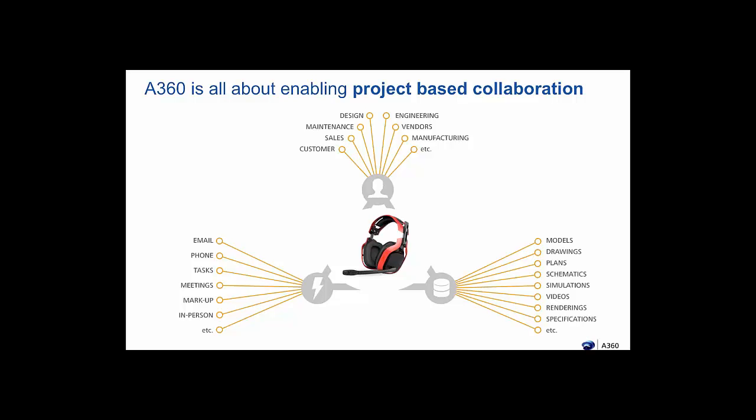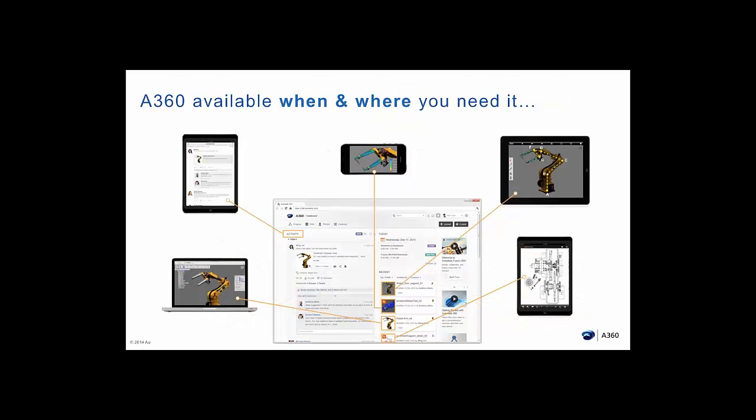It is designed for design and engineering type projects, but it brings together all of the people, activities, data, and communications into one single workspace, so everyone can access, see, and work together and keep everything nice and neat. And it's available when and where you need it, so it works on most mobile devices, iOS and Android.